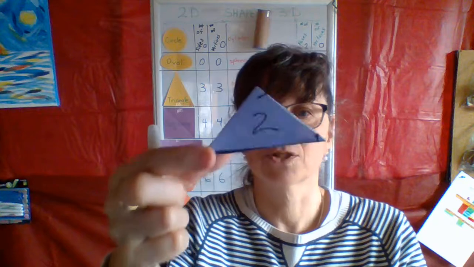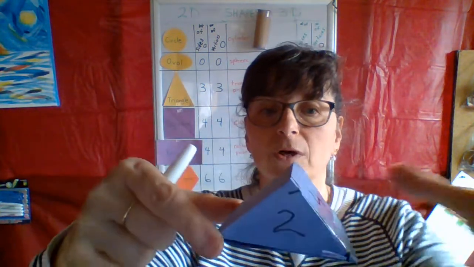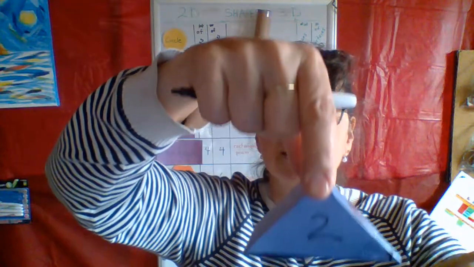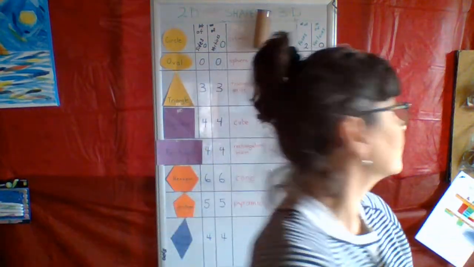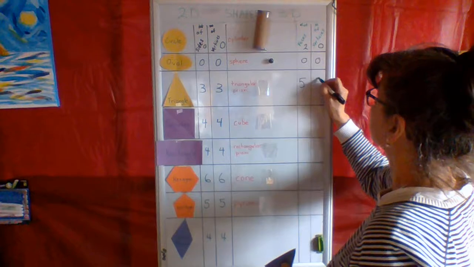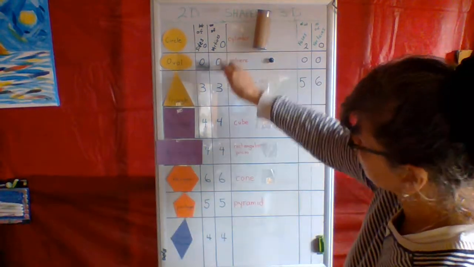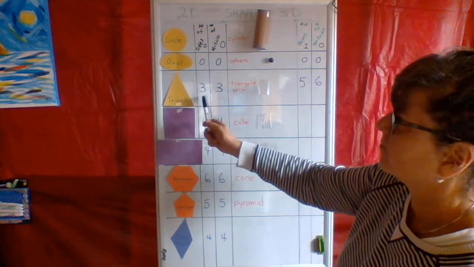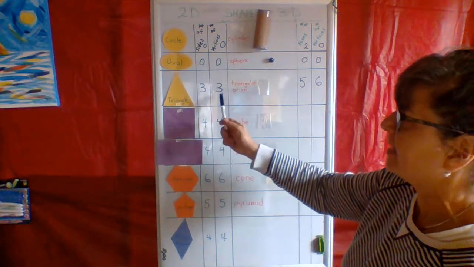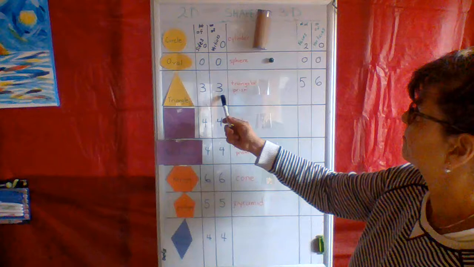2 here, so that's 2. Let's count by 2s. 2, 4, 6. We have 6 points or vertices on our triangular prism. Oh, this is interesting. For our 2D shapes, however many sides, we had equal number of vertices.